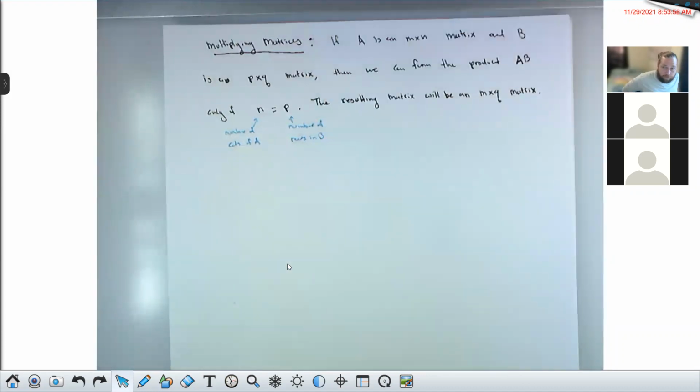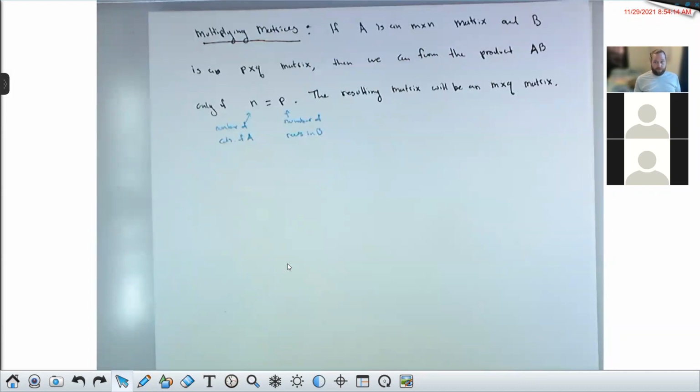So when you multiply two matrices, they don't necessarily need to be the same size. You need the number of columns of the first matrix to match the number of rows of the second matrix. And then the output could be a different size altogether. In the case where these are both square matrices of the same size, both 3 by 3s, both 4 by 4s, whatever, that's the nicest possible case. But that need not be how things go.